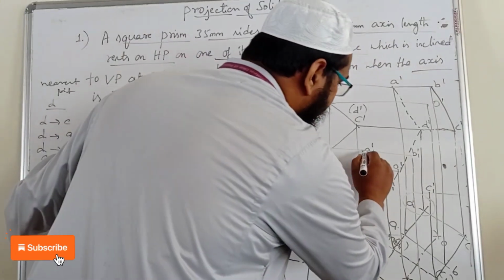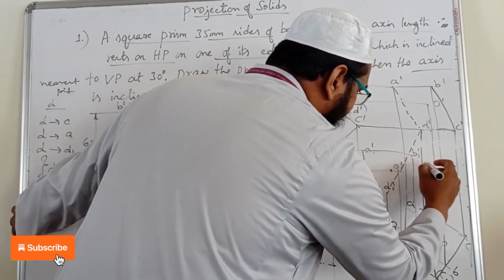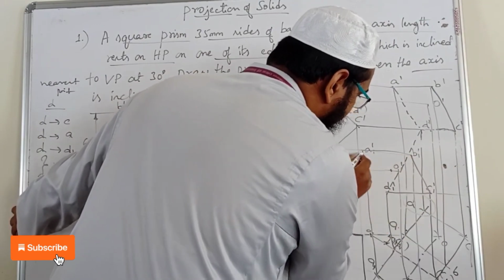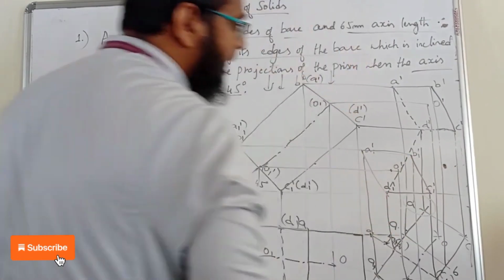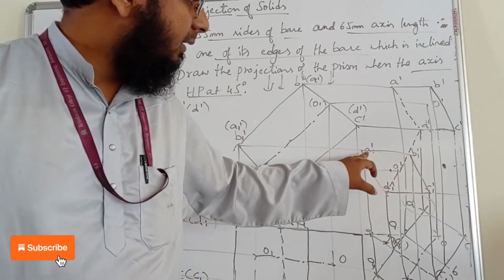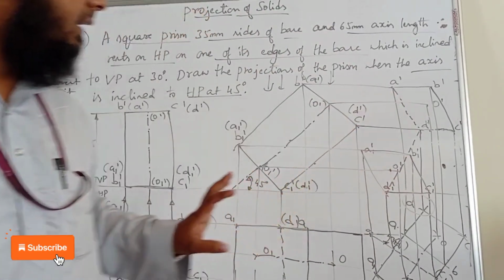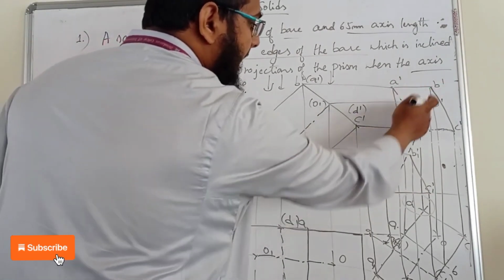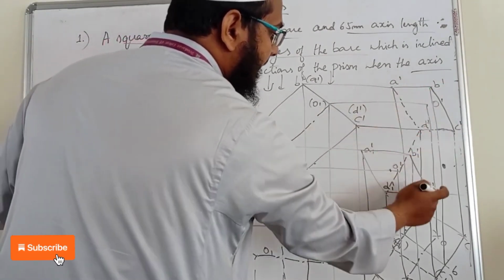Similarly, the bottom face. Using a scale, you can do it. So you can see that A dash, B dash, C dash connected with the top square, the bottom face is done. Now the vertical edges, say from A dash to A1 dash, B dash to B1 dash, C dash to C1 dash.